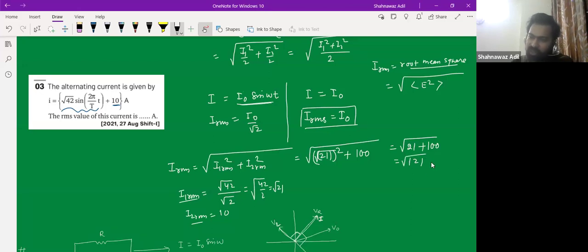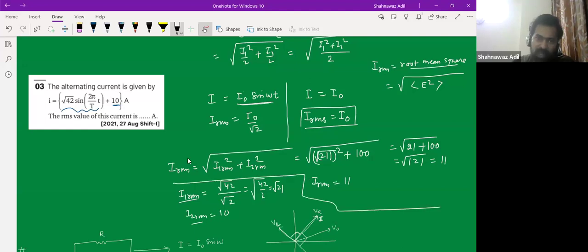And how much is this? So this is 11, right? So the RMS value of this current is 11 amp. So the answer would be 11. Right? Is it clear?